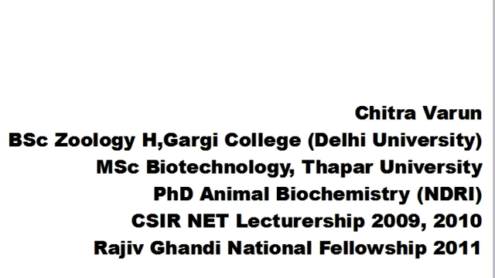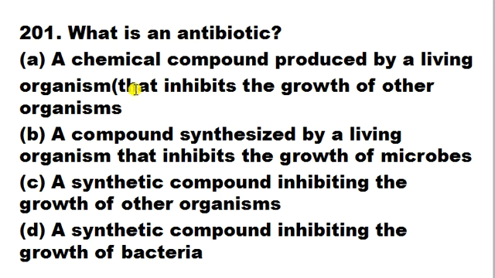Now move on to the question part. What is an antibiotic? A chemical compound produced by a living organism that inhibits the growth of other organism. A compound synthesized by a living organism that inhibit the growth of microbes. A synthetic compound inhibiting the growth of other organism. A synthetic compound inhibiting the growth of bacteria.